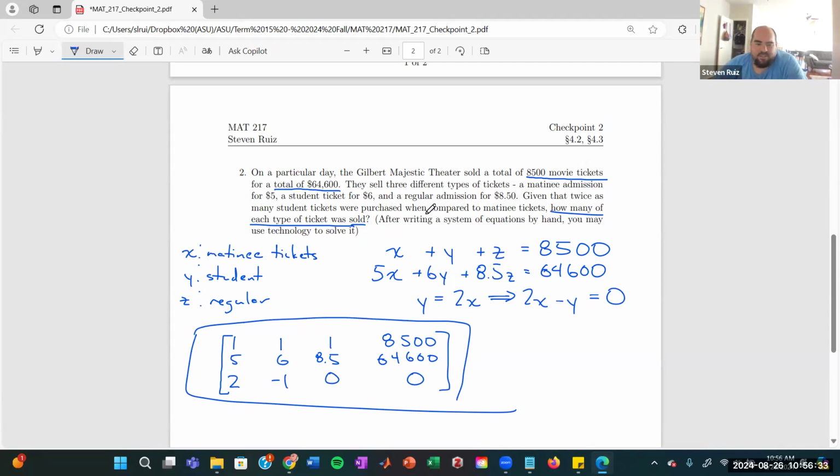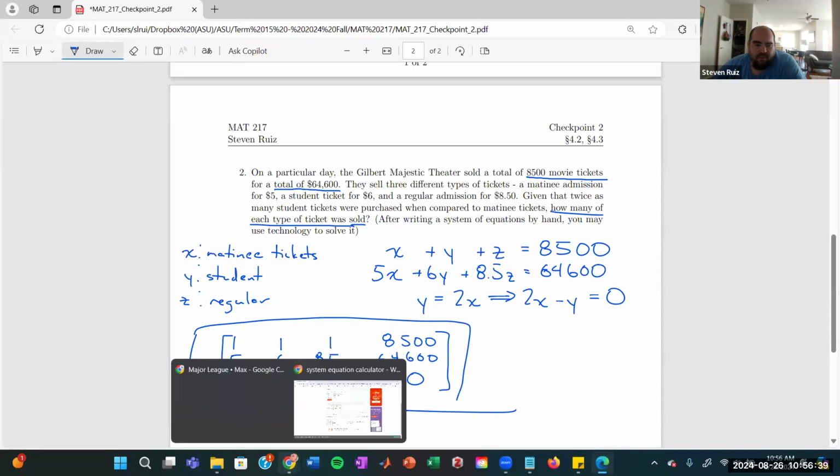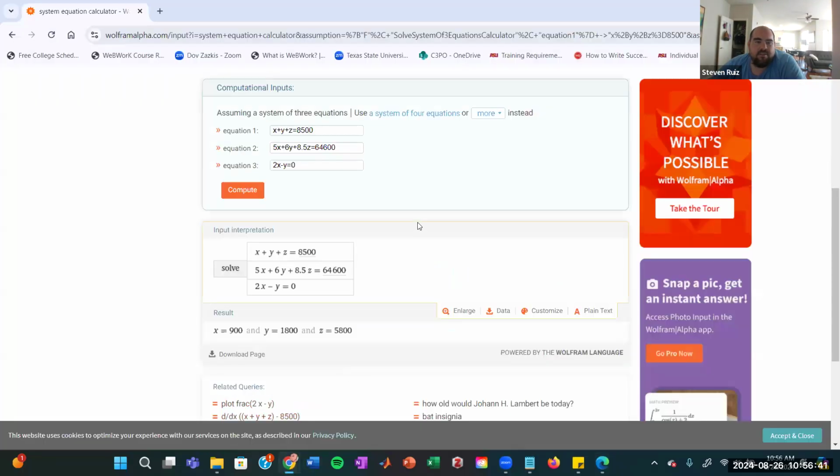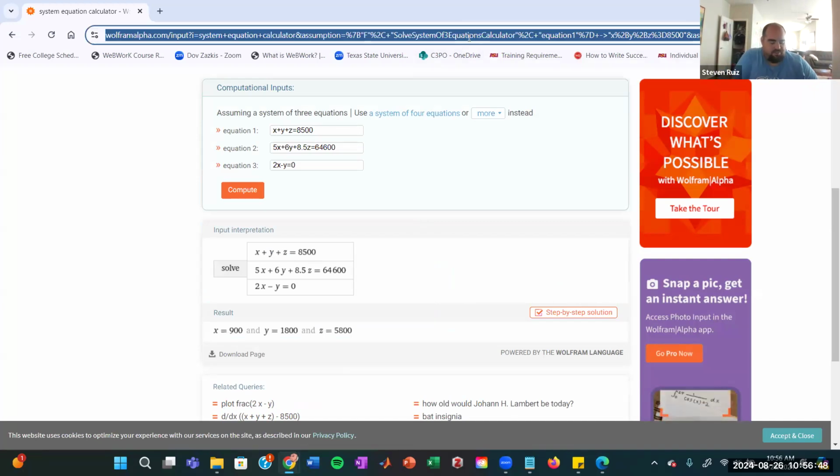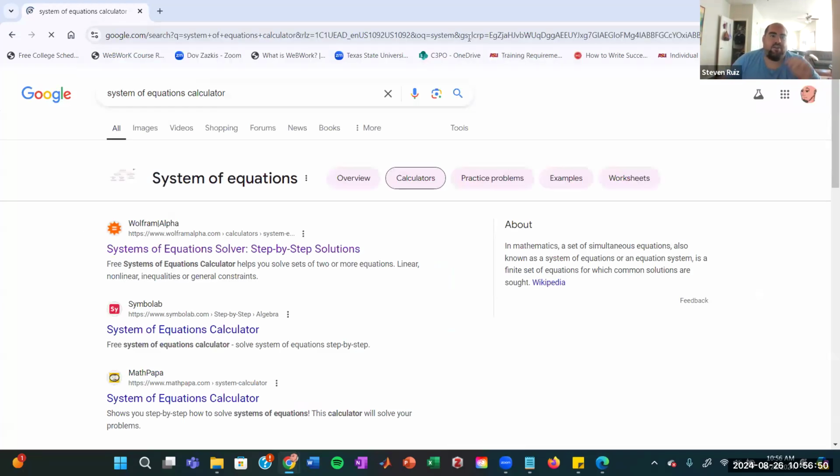And like I said, I was not going to force you to solve this by hand. You definitely could. But what we can do is this now. If you search for, let me just show you what I search for, system of equations calculator, you get lots of options. Wolfram has lots of tools that are valuable.